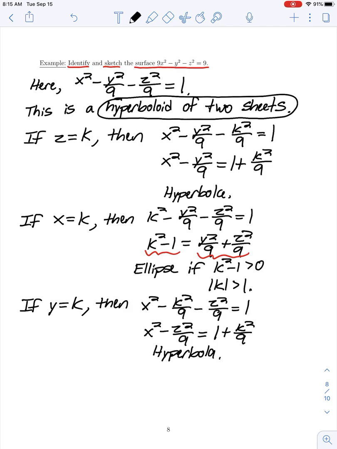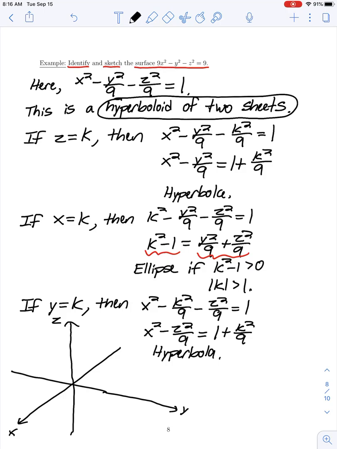So let's sketch this. We have our x-axis, y-axis, and z-axis. And we had seen that in planes that are horizontal, we would have hyperbolas.